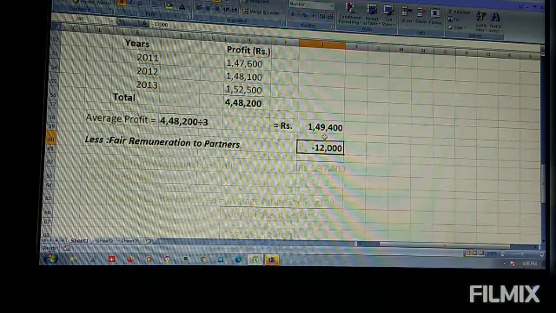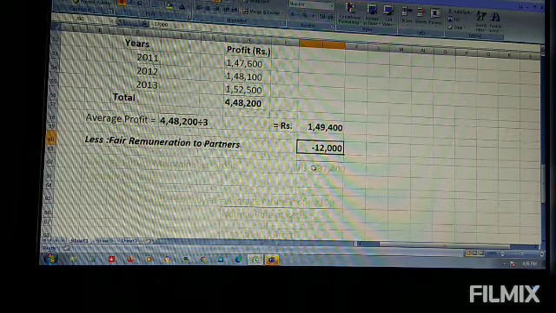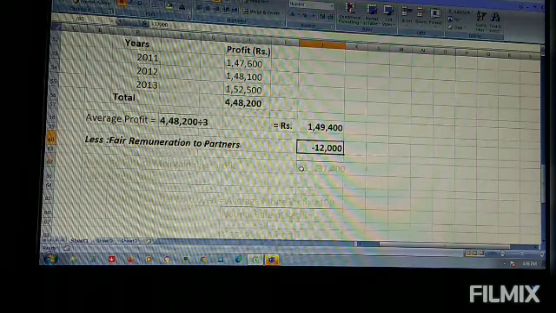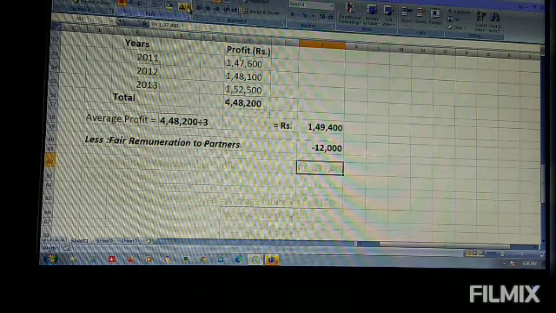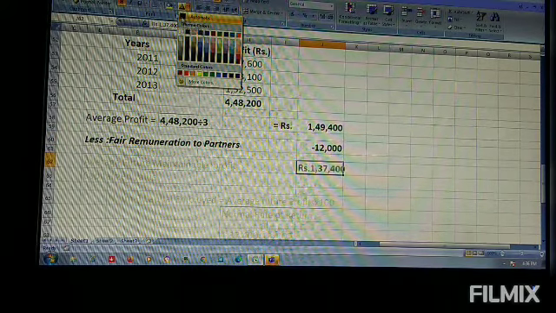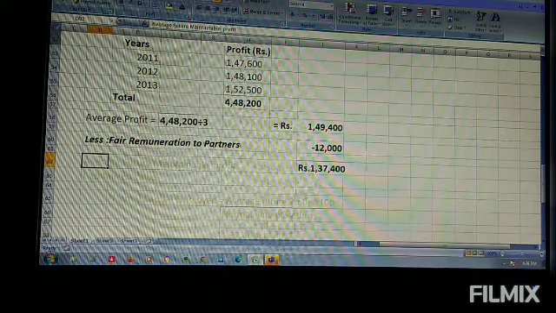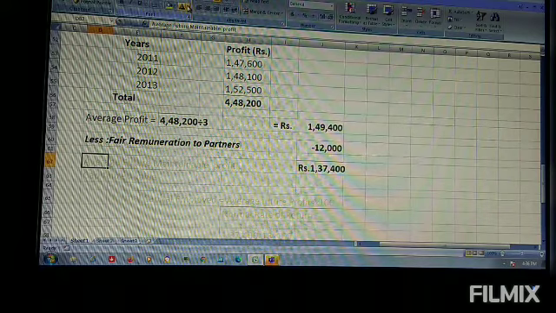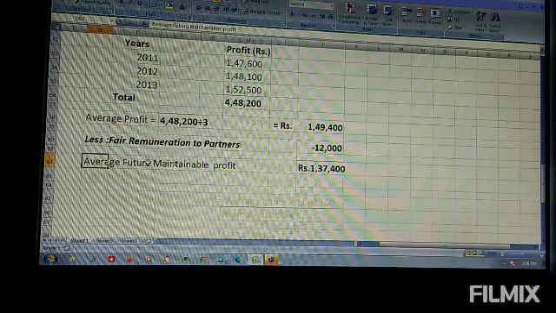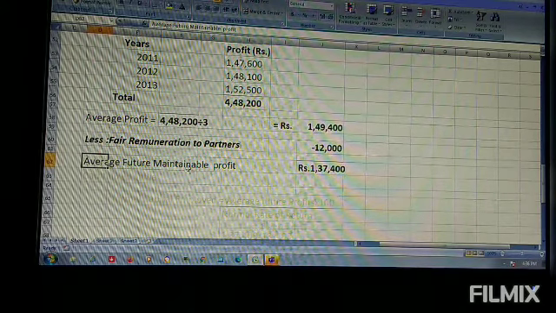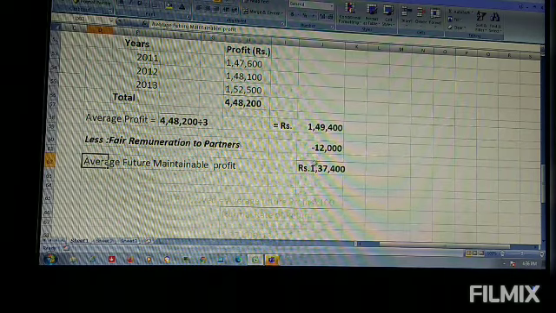So 1,49,400 minus 12,000 gives 1,37,400. That is nothing but the average future maintainable profit. For this you write average future maintainable profit.